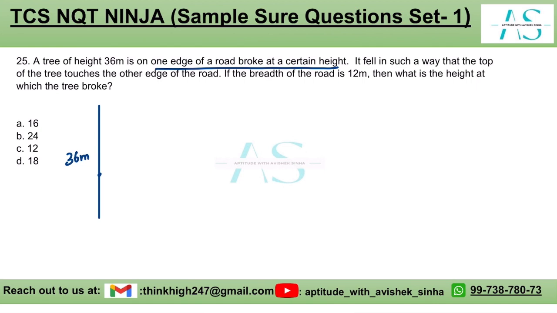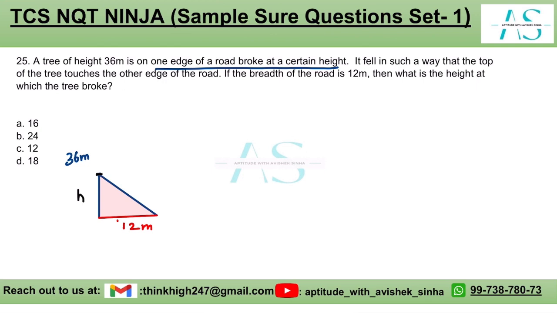It fell in such a way that the top touches the other edge of the road, which is 12 meters wide. So this is what is being said about the road. This length is 12 meters. All right. And let's say this height was h, where it broke down.